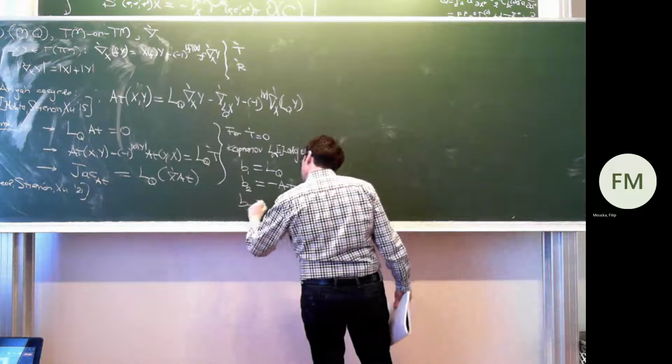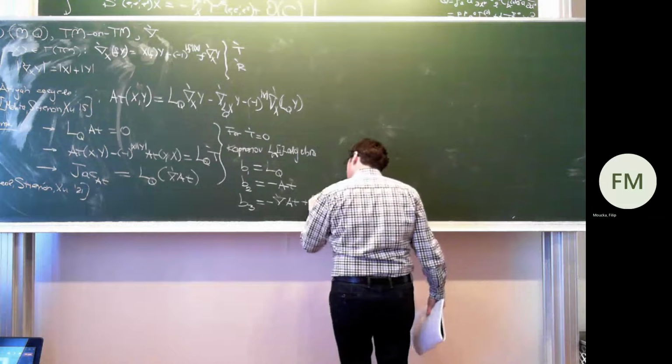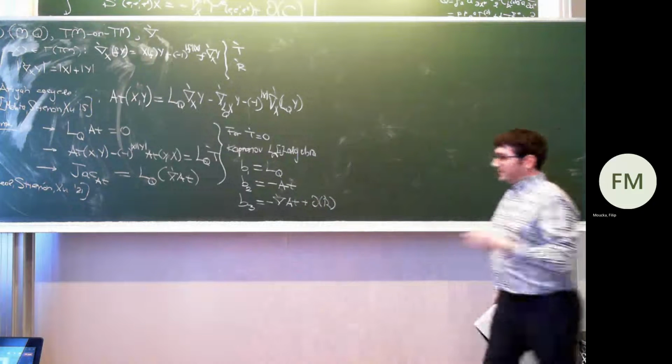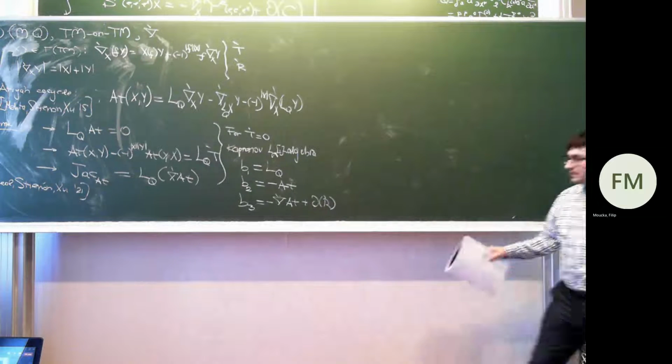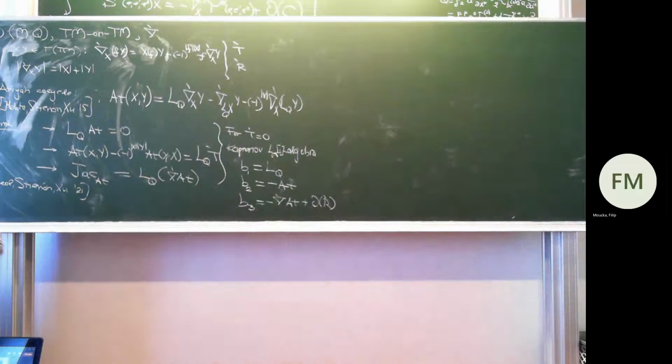So B3 actually is something like minus nabla At plus, and then it has curvature terms. Okay? So in particular, when the connection is flat, all the B's are derivatives of the Atiyah cocycle. Okay?